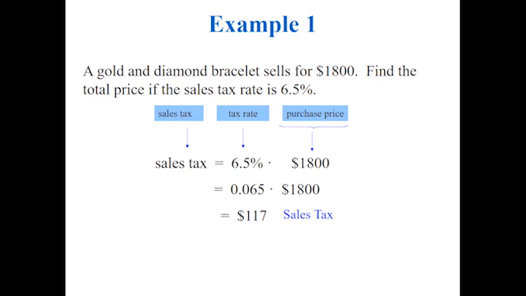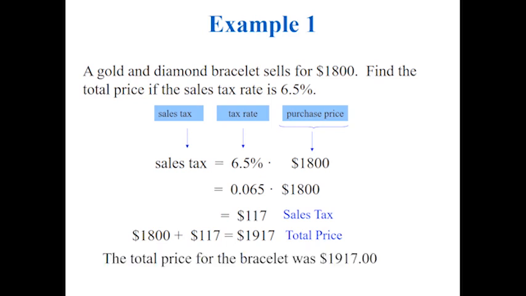So what's the total price? We add them together. 1,800 plus 117 is $1,917. The total price for the bracelet is $1,917.